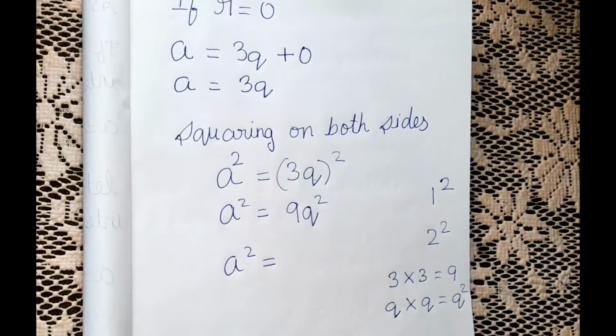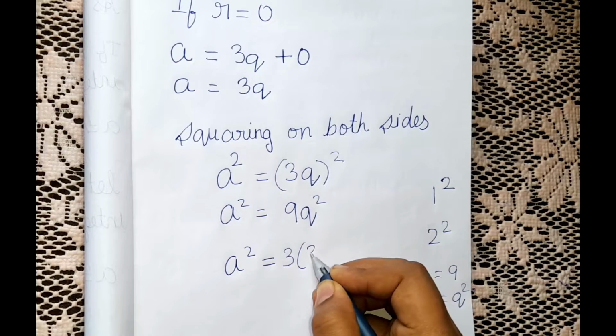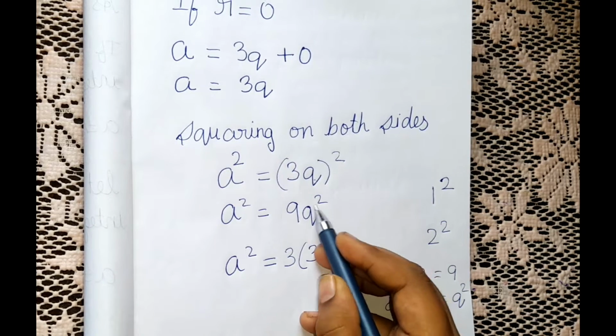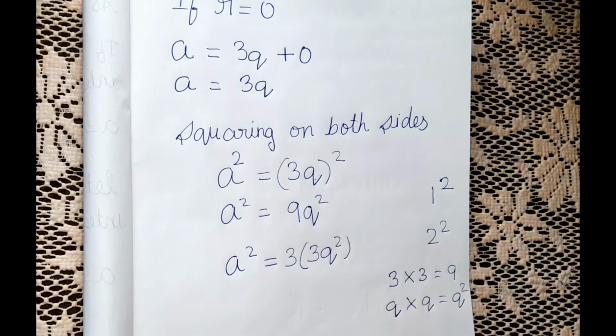Okay. Now let's split it. So a square is equal to, we shall write 3 outside and bracket 3 inside, and we shall write this q square as it is. Somewhat difficult, right? It is hard to understand because, so we split 9 into 3 into 3.